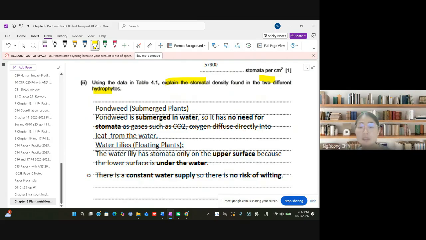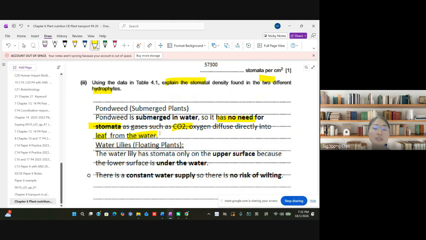The water lily is a floating plant. Most of the hydrophytes we learn about are floating plants, which have airspaces to allow them to float on the water surface. In submerged plants there is no requirement for stomata, because the oxygen and carbon dioxide can diffuse directly into the leaf from the water.